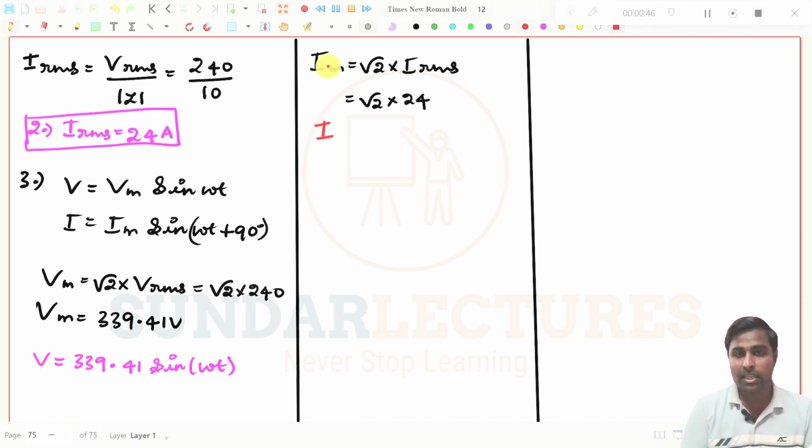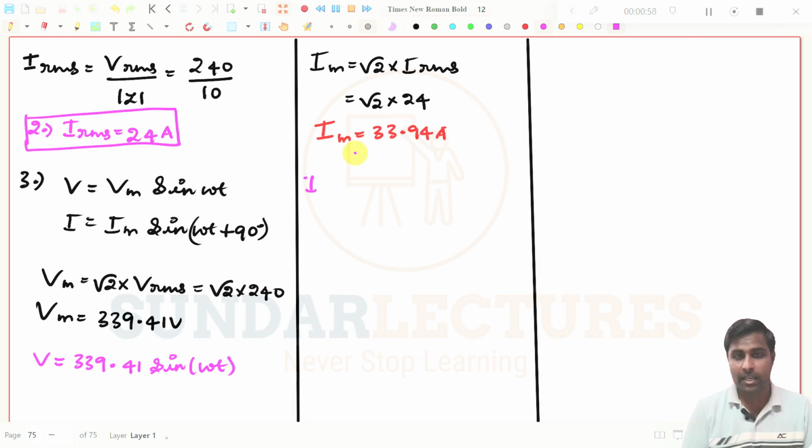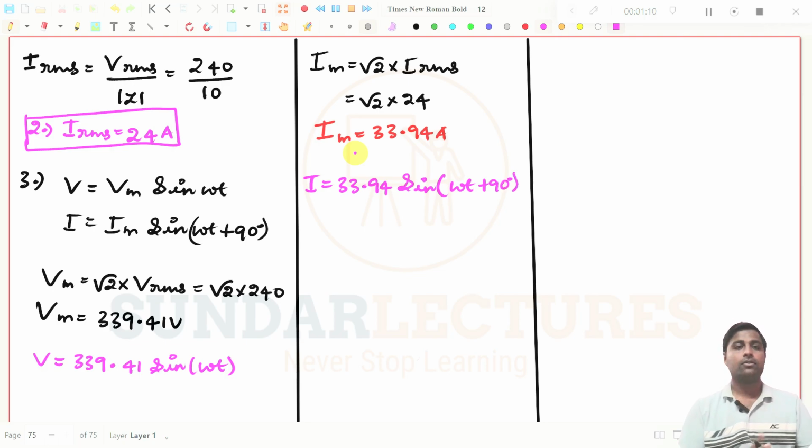So Im will be equal to 33.94 amperes. So finally I can write I equal to 33.94 sine of omega t plus 90 degrees. So this is the value.